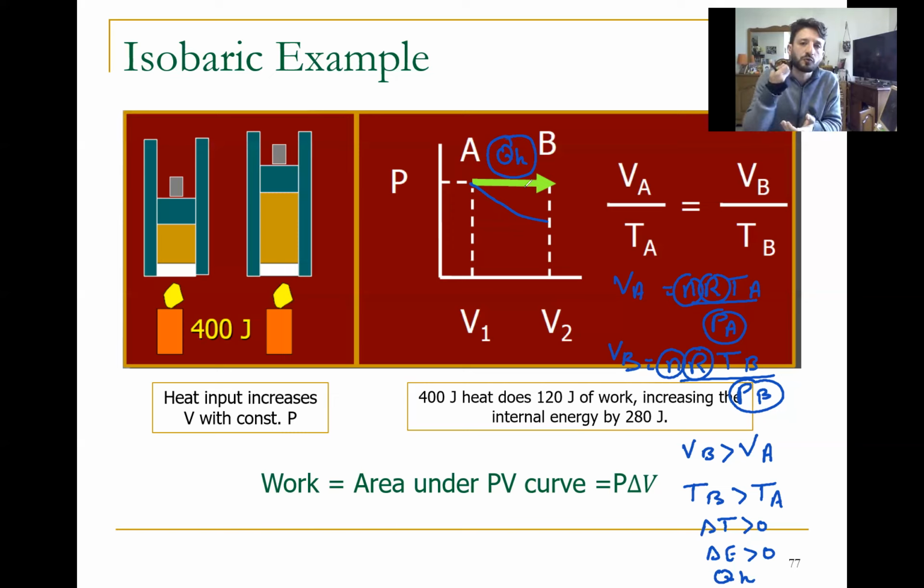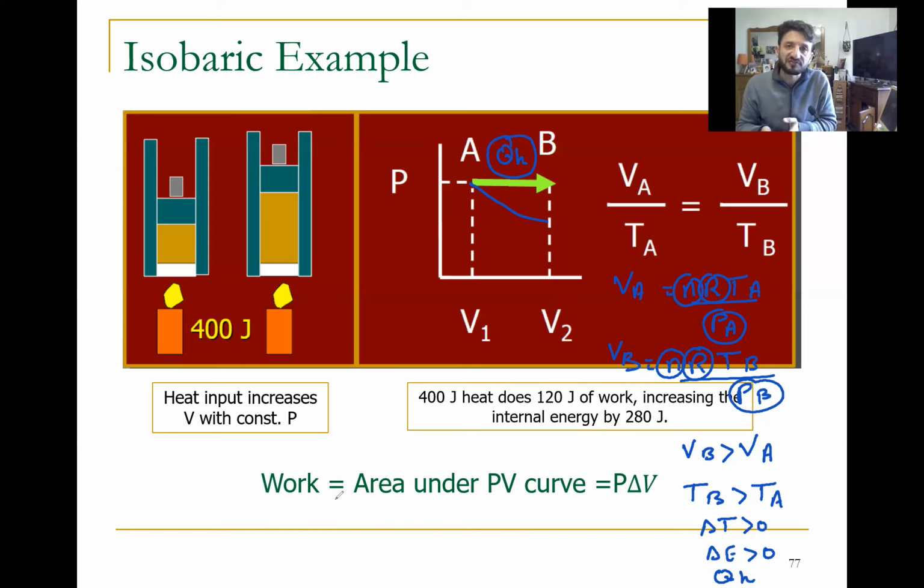But if you want to prove that Q is hot, you have to write this. VA equals NRTA divided by PA. VB equals NRTB divided by PB. We have the constant. If VB is greater than VA, so TB is greater than TA. Delta T is positive, so delta U is positive.